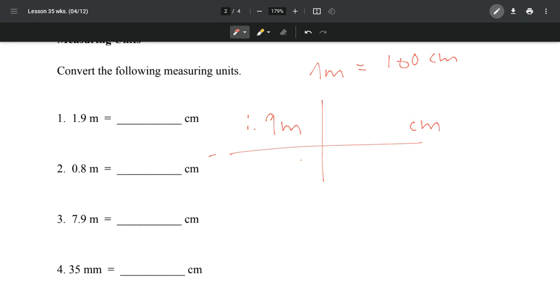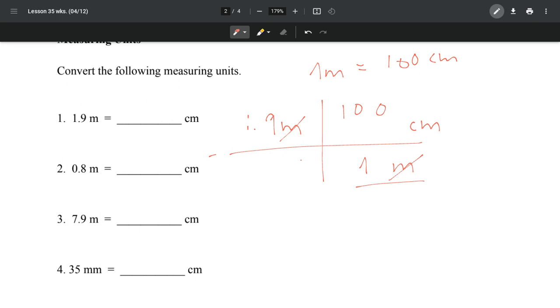In order to do that, we have to cancel out the meter sign, the measuring unit. So we're going to put 1 meter, so then we can cancel out, and then 1 meter is 100 centimeters, so we put 100 there.